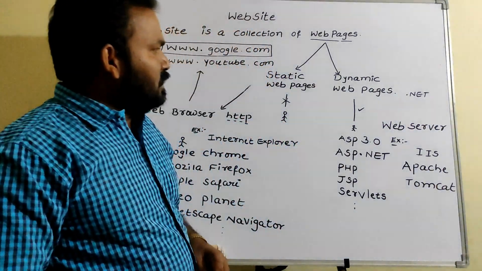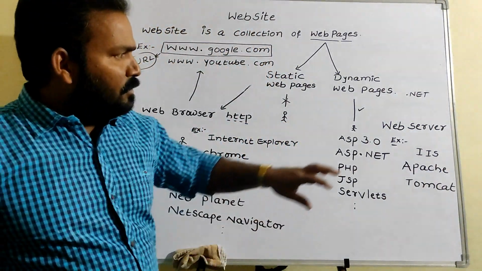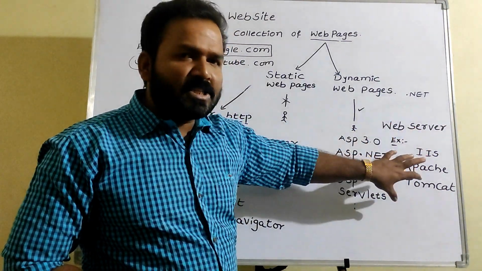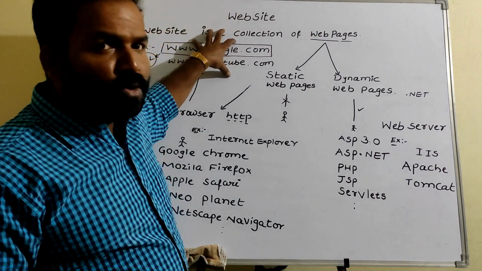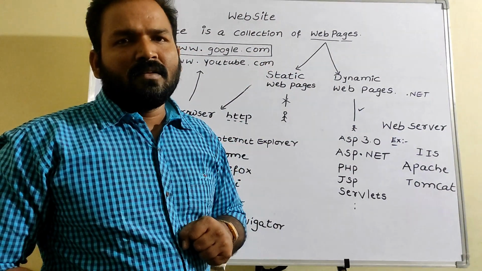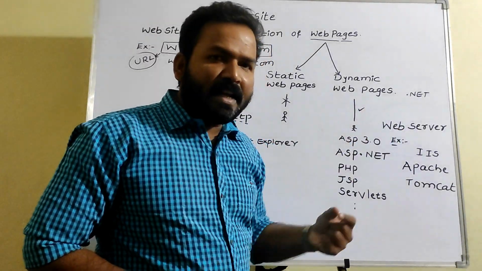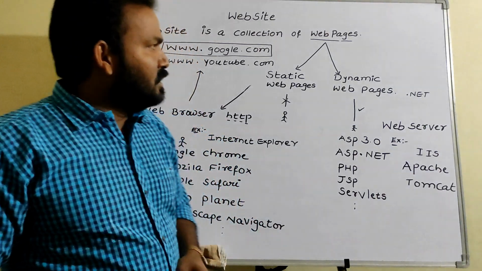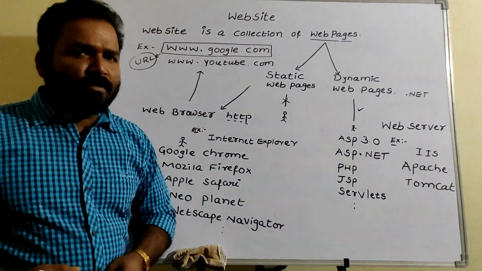So is it clear? Web server is a software or an application which is used to store and execute the websites. Web server contains one or more websites. So that's all now.